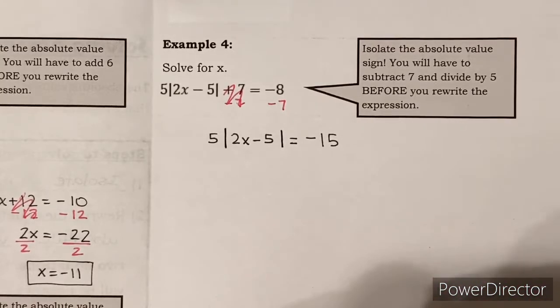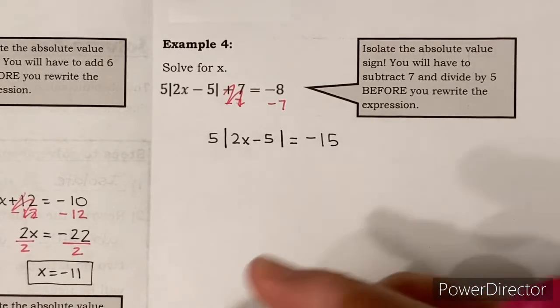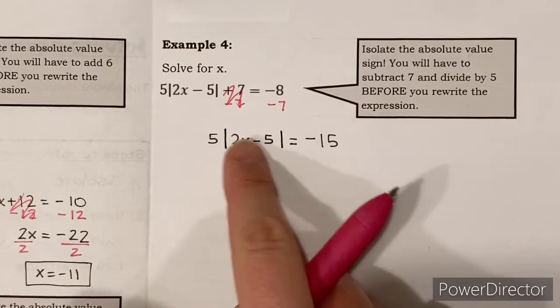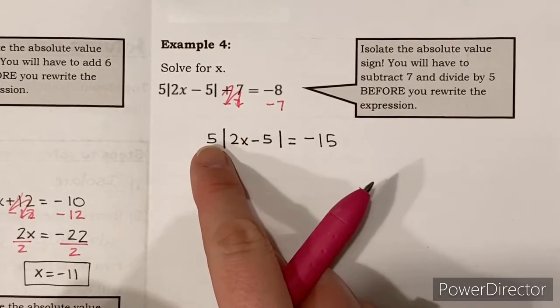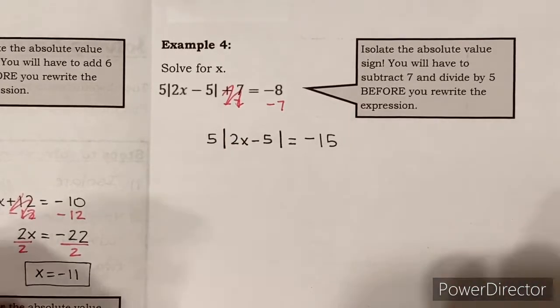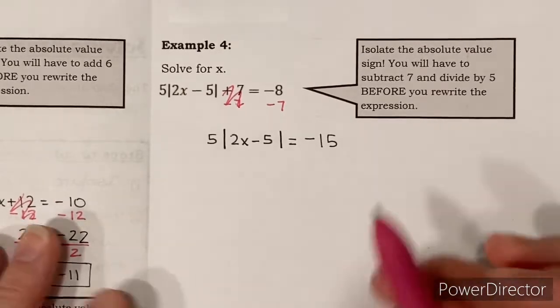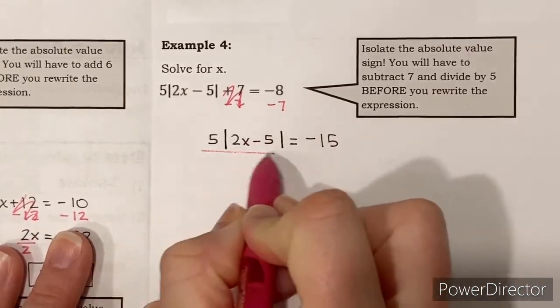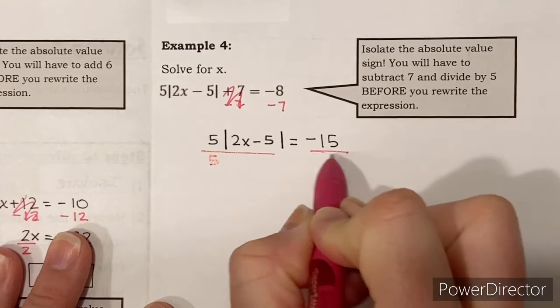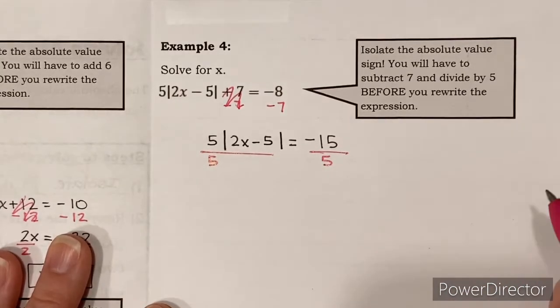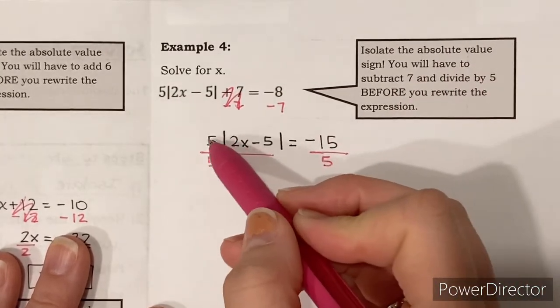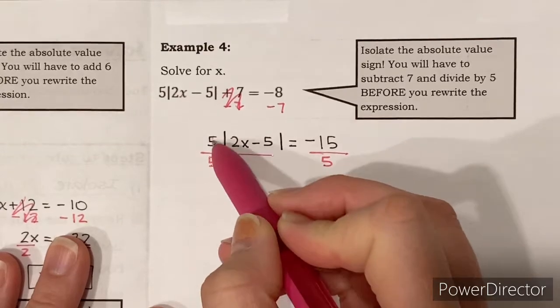So the way that I'm going to show you is by division. This is actually 5 times this. So whatever number this is, we're going to multiply it by 5. So if it's multiplication, the inverse is division. So watch this. This is what happens. If we divide both sides by 5, just like this, these 5s right here are going to cancel and go to 1.